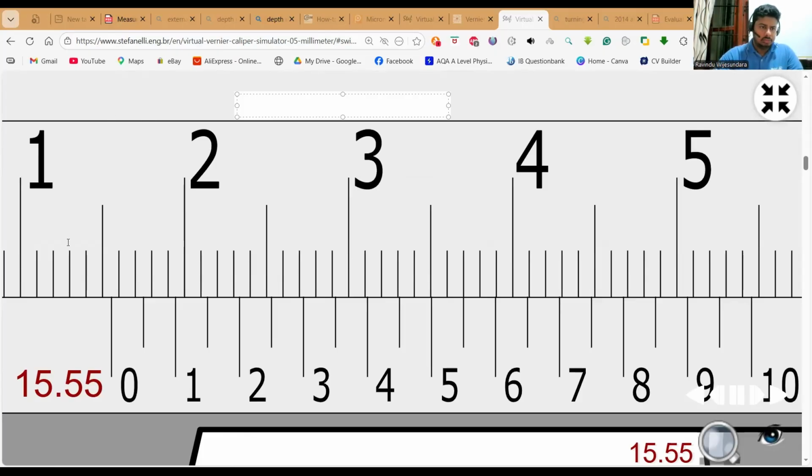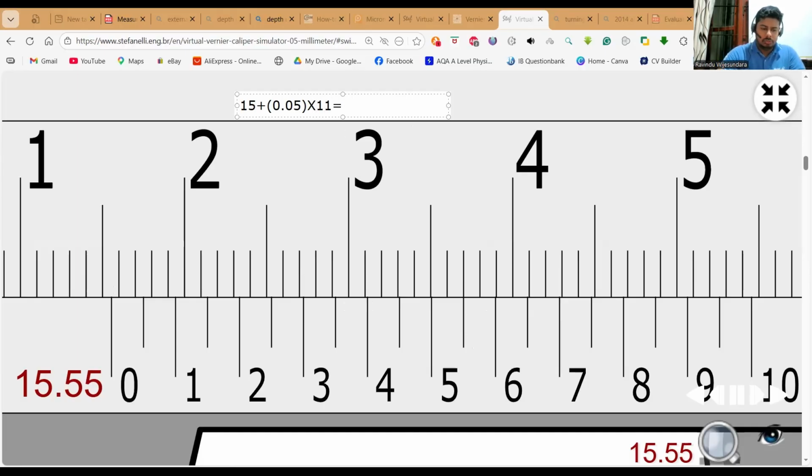You can see here 10, 11, 12, 13, 14, 15. The main scale is 15 plus, please count, 0.05 multiplied by, what is the main scale? Sorry, the vernier division which is coinciding with the main scale. So you check each and every one. Find it here. So it is actually the 11th one.